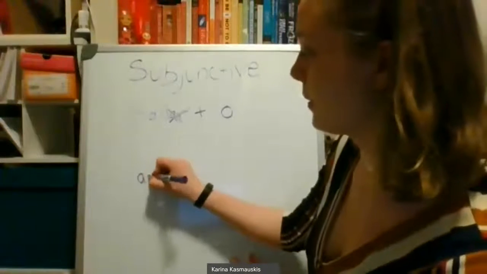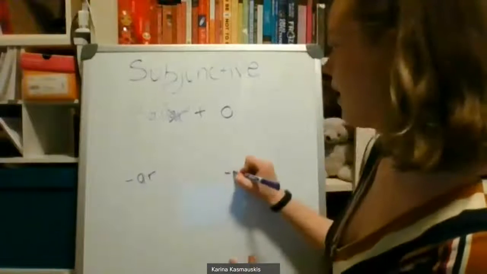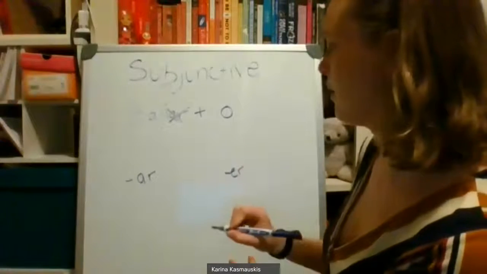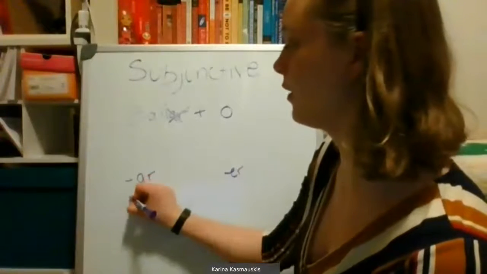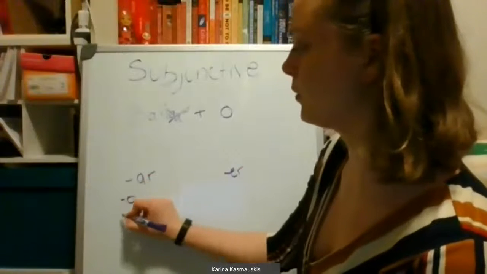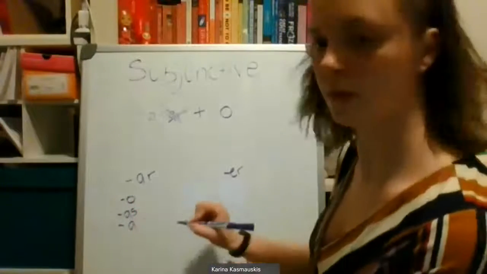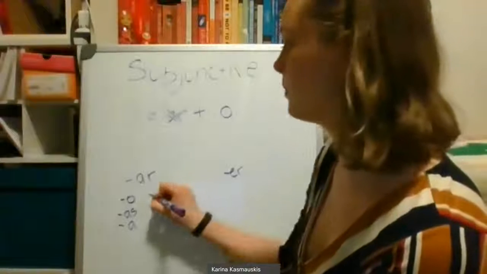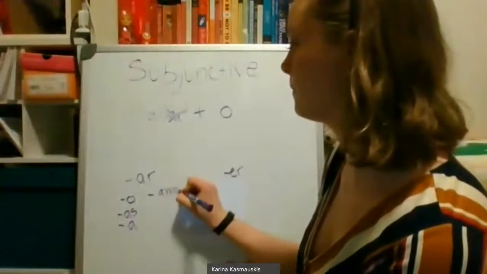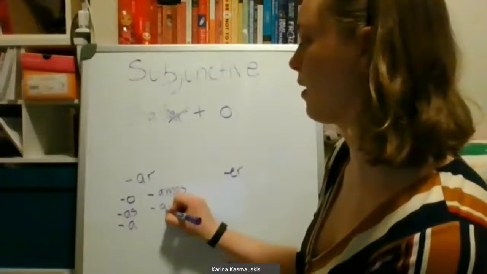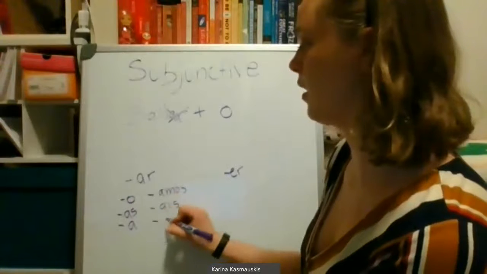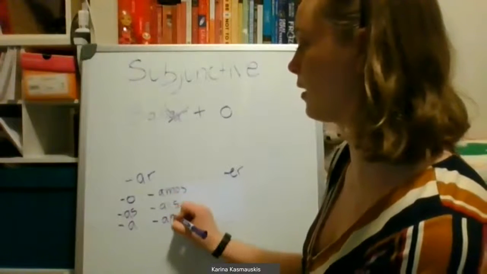Just as a recap, let's go over the AR and ER endings in the present tense. So we have yo bailo, tú bailas, él baila, nosotros bailamos, vosotros bailáis, and ellos bailan.